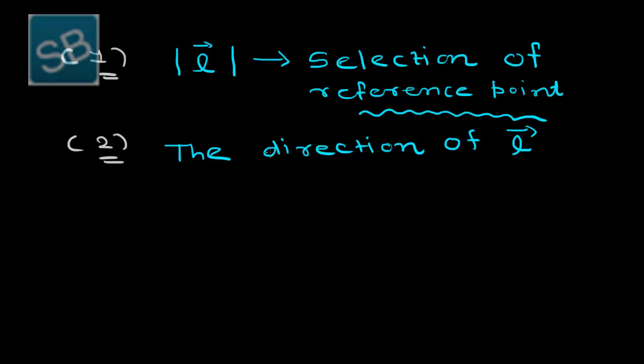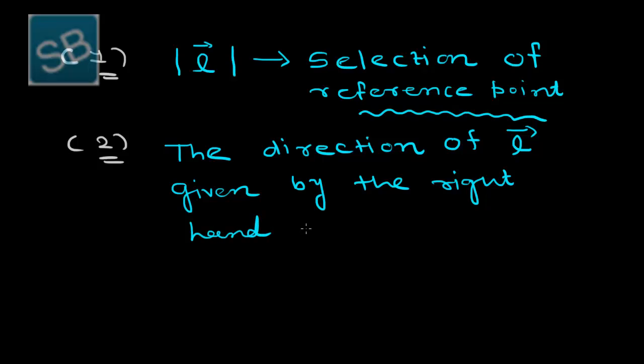That depends upon the right hand screw rule, which you have used for the vector product. In the present case, in the figure you have seen, I am giving you the direction of L.